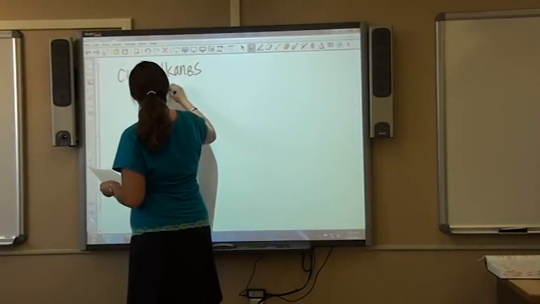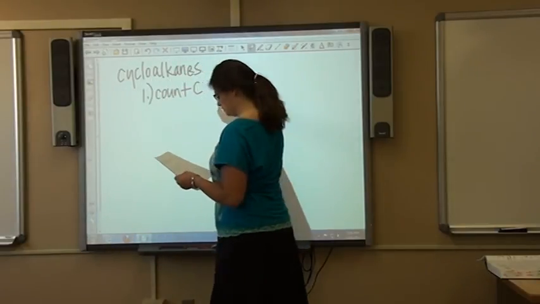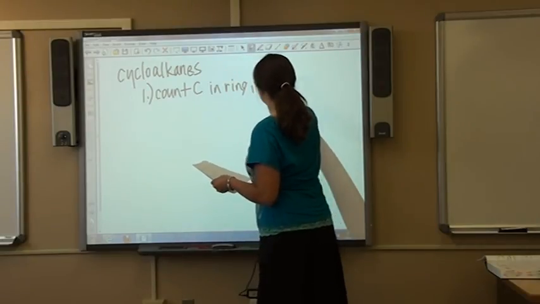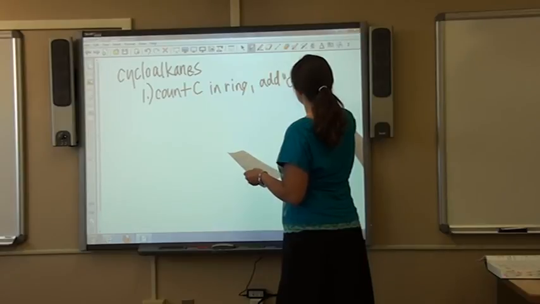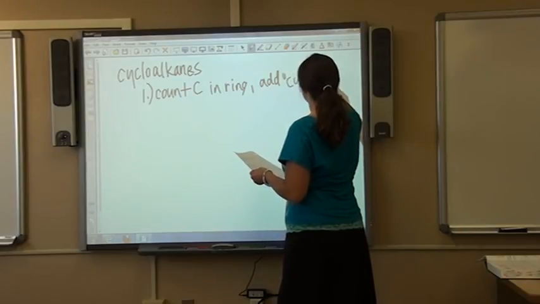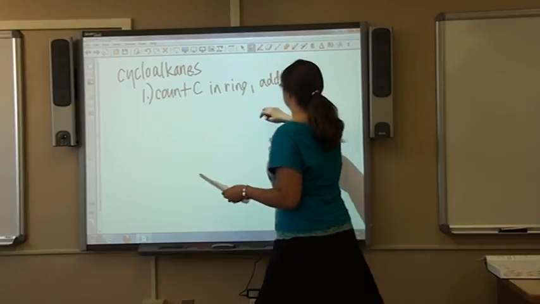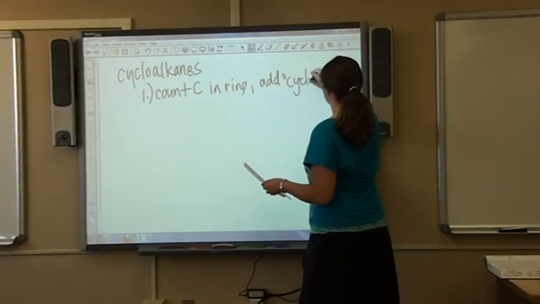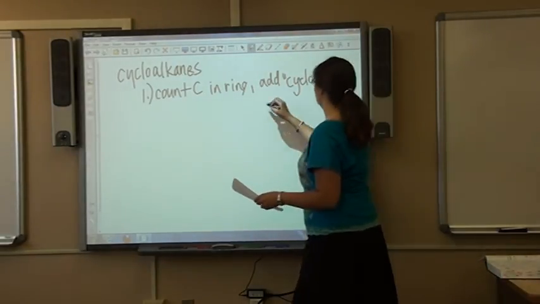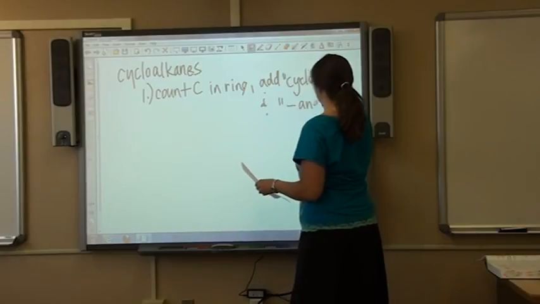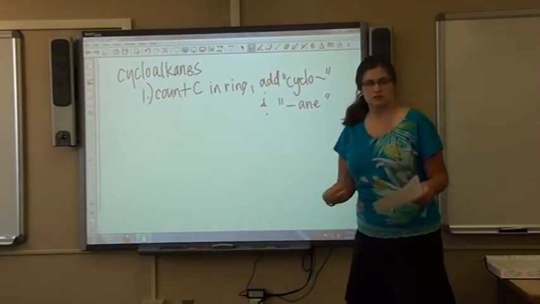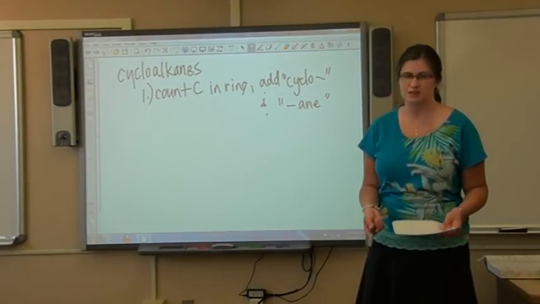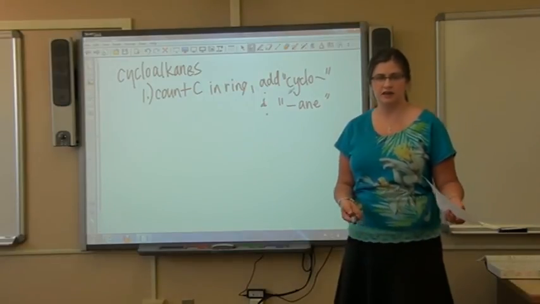So step 1 is to count carbons in the ring, add cyclo at the beginning, and ane at the end. So basically the same type of rules that we were doing before with regular alkanes, except that we just add cyclo at the beginning. So instead of hexane, it would be cyclohexane.